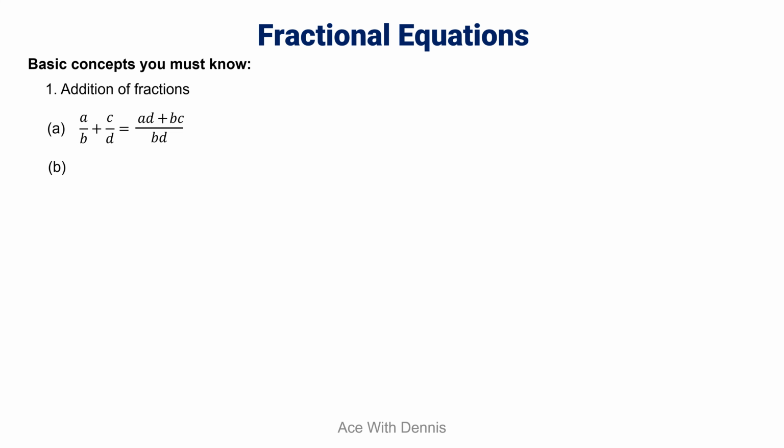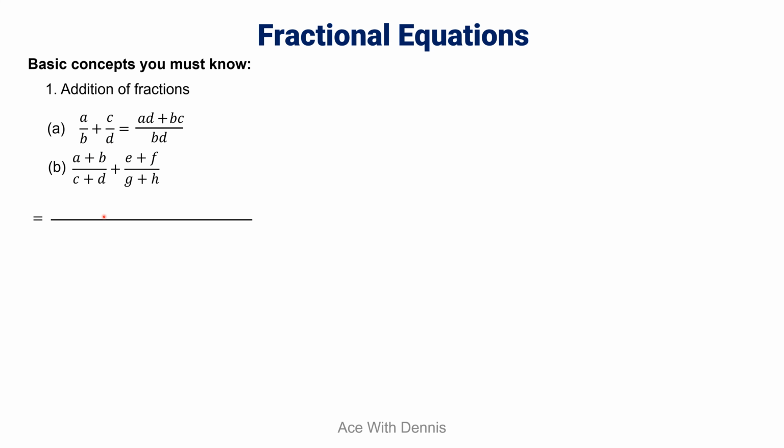So now let's go to more advanced fractions here. So let's say we have a plus b over c plus d, plus e plus f over g plus h. Okay, so don't get overwhelmed with this expression, but the idea is the same as part A. So treat this a plus b as the a here, this c plus d as the b here, e plus f as the c, and g plus h as the d here.